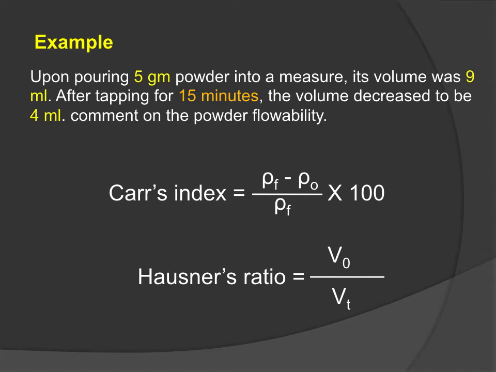If you have V node, VF, rho node and rho F, you can easily calculate Carr's index and the Hausner ratio. And I didn't mention that, of course, the word tapped means final. So VT is the same as VF, and rho T is the same as rho F. Tapped or final, both are the same here.